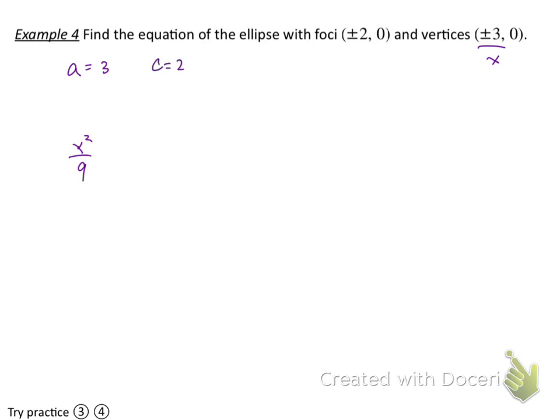Then c equals 2, which means b squared equals the major axis minus the foci, c squared. This is 3 squared minus 2 squared, or 5. Oh, sorry, b squared is 5. So that's my other denominator, equals 1.